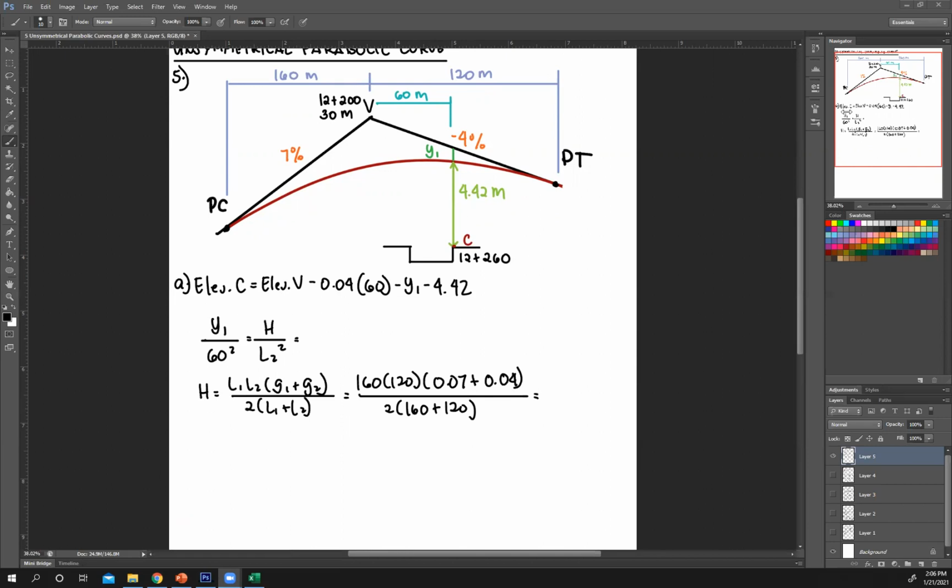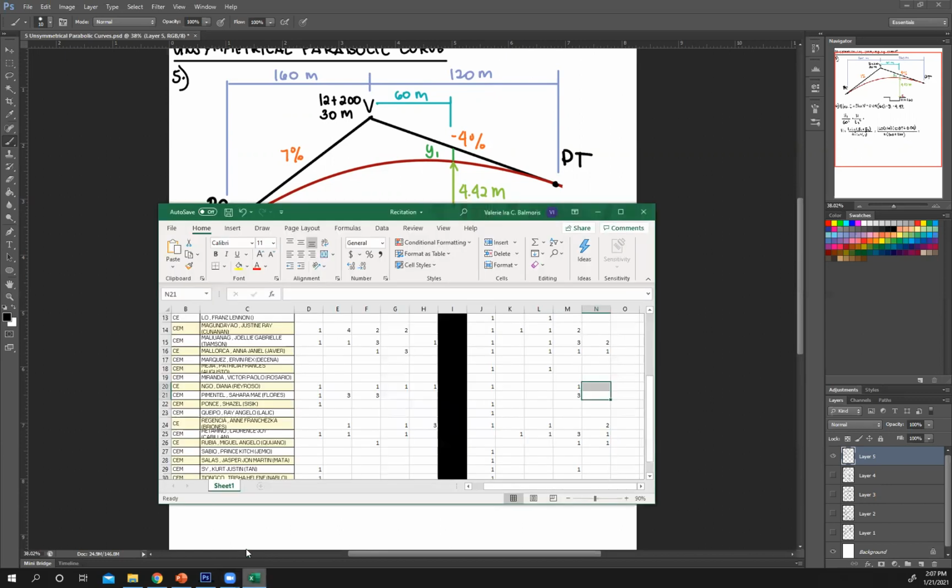Correct, 3.77. Correct, Anna. Anna, Miguel, Reynaldo, Eli, Diana. So, all of you have two points already. Let's see, Mallorca. So, okay, Anna, correct?